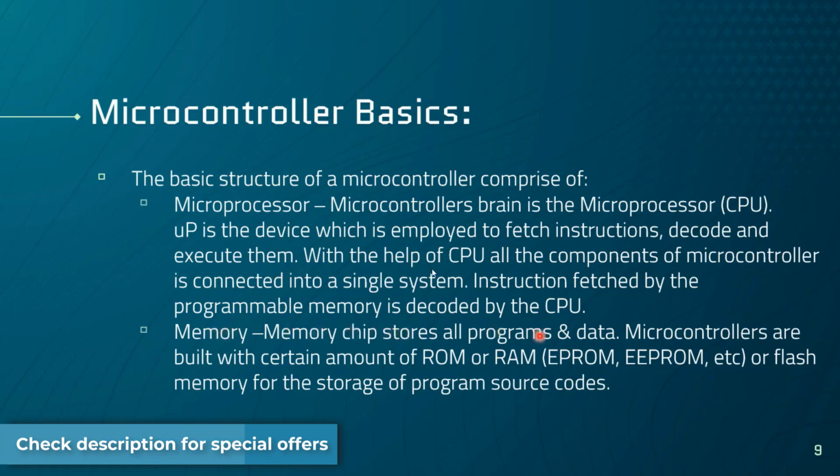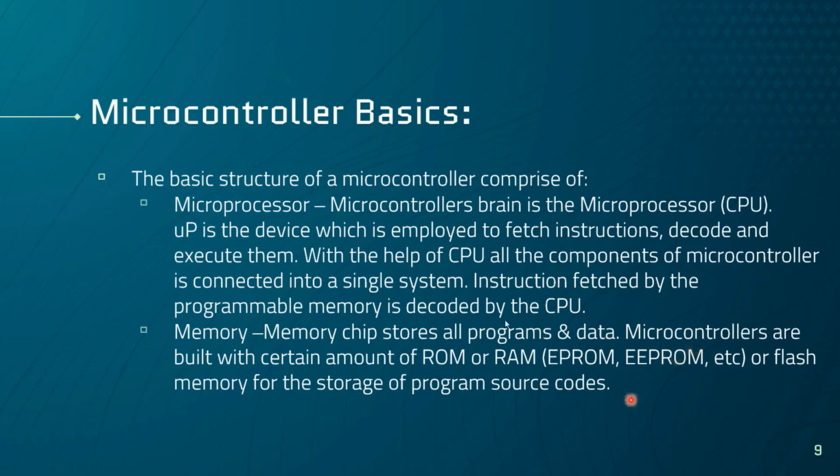The memory chip stores all programs and data. In a typical microcontroller, we have two kinds of memory. We have ROM, which is read-only memory, and then we have RAM, which is random access memory. We typically use ROM to save the code, that is the instructions that the microcontroller is going to execute each time it wakes up.